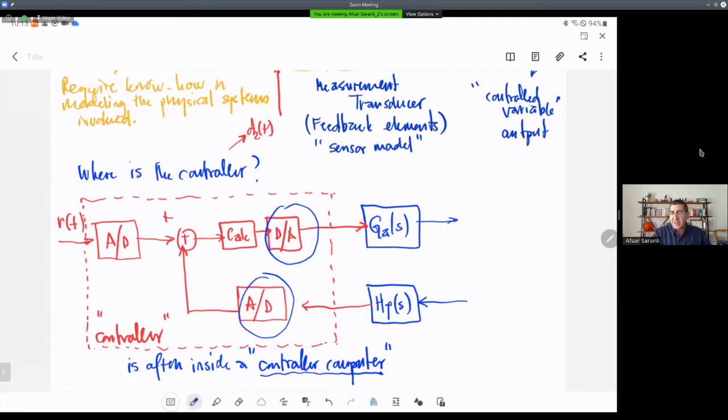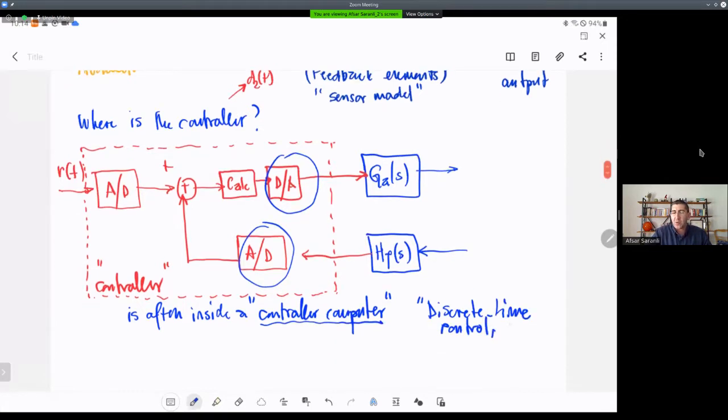So this becomes essentially discrete time control. Unless you have all analog components implementing the controller transfer function, this whole thing becomes discrete time control.